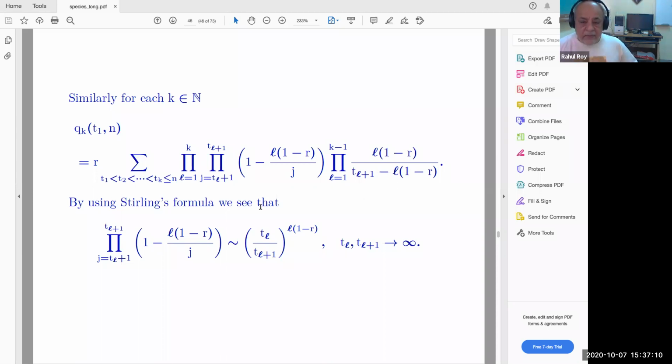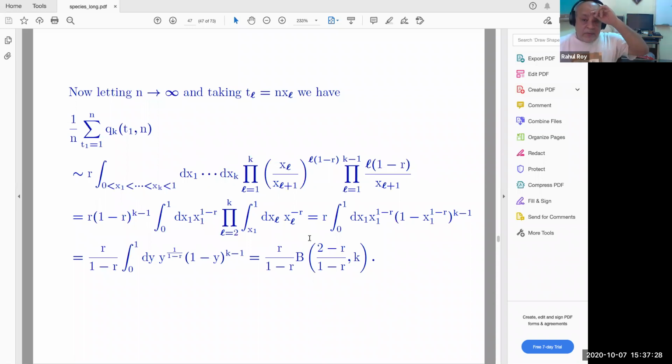And by using Stirling's formula, if I look at this product, we get that this quantity is of the order t_l over t_{l+1} to the power l minus 1, times l times 1 minus r, as t_l and t_{l+1} go to infinity.